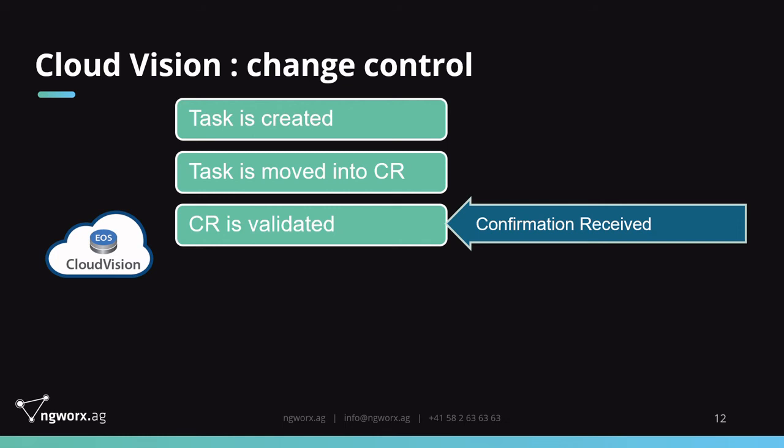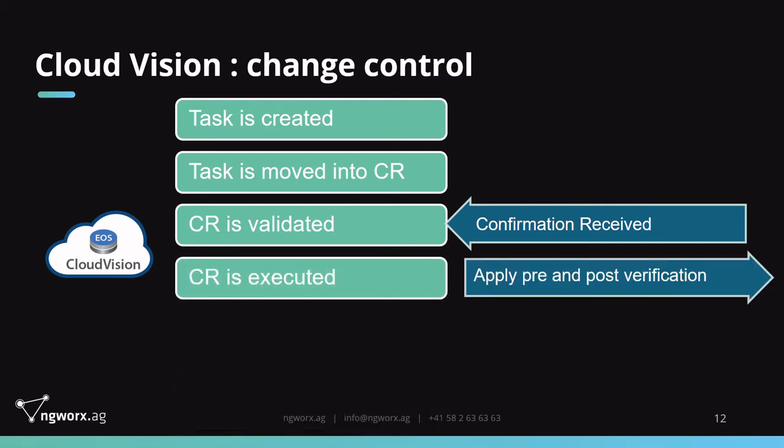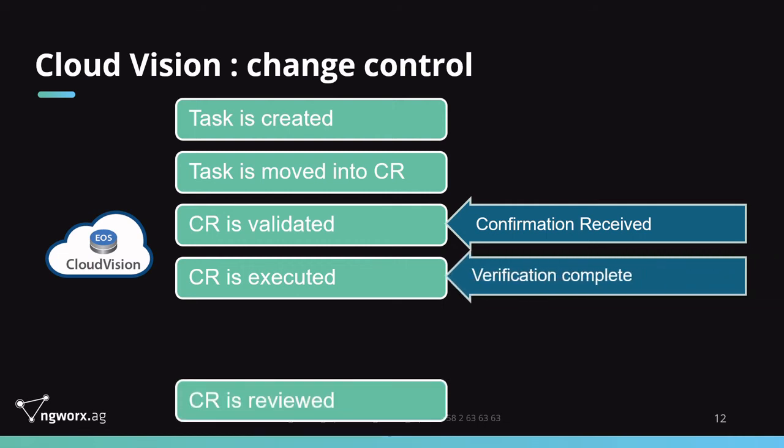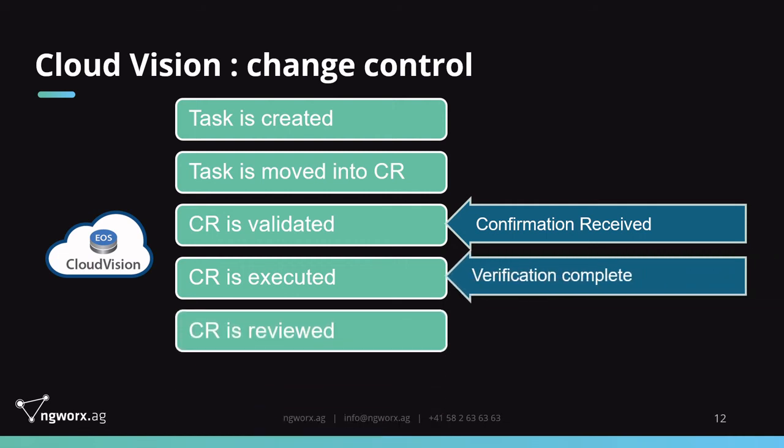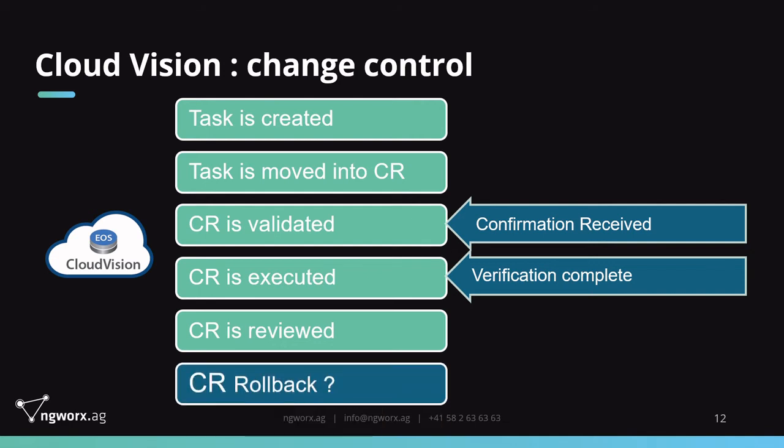Once the confirmation is received, the change request can be executed. If they are present, pre- and post-validation tasks can also be carried out automatically by CloudVision. After the execution, the configuration change and the validation tests are reviewed. If necessary, a rollback can be called and CloudVision will automatically proceed to the restoration of the previous network setup.